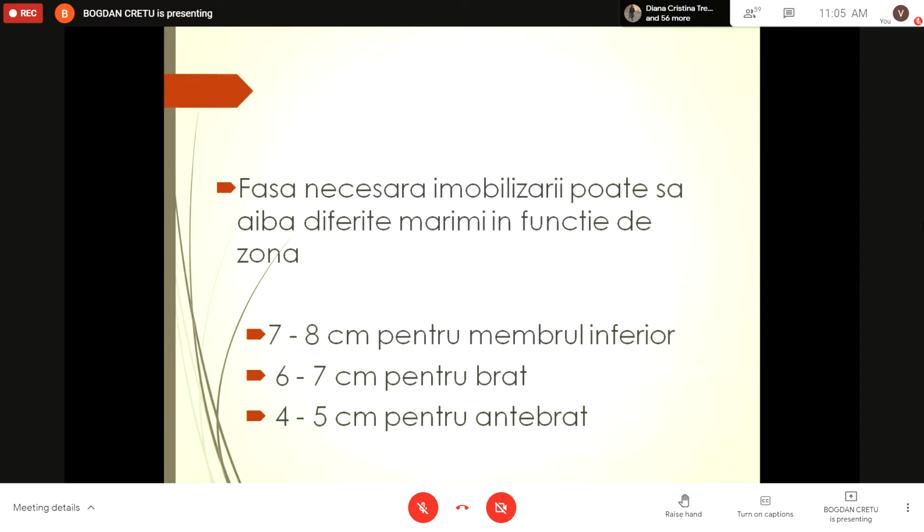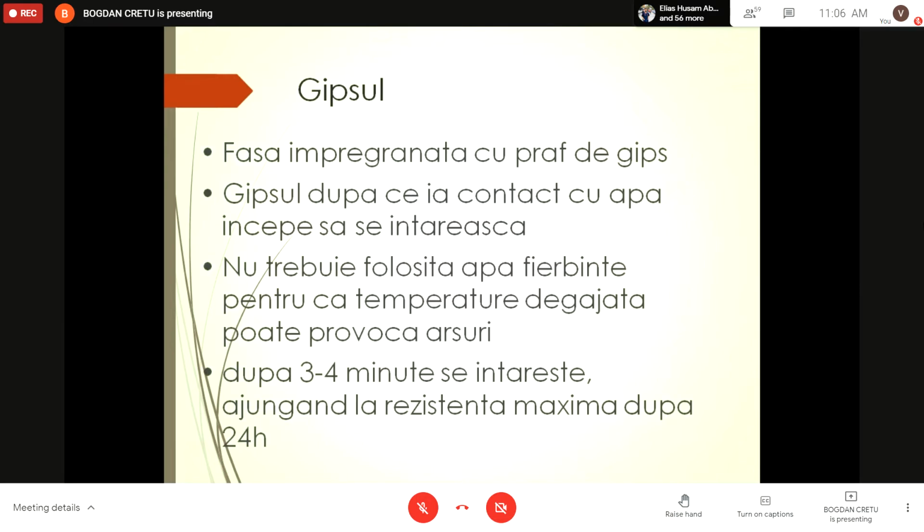The bandage needed for immobilization can have different sizes: 7 to 8 centimeters for the lower limb, 6 to 7 centimeters for the arm, and 4 to 5 centimeters for the lower arm. The gypsum is a bandage impregnated with gypsum powder. After it takes contact with the water, it starts to harden.